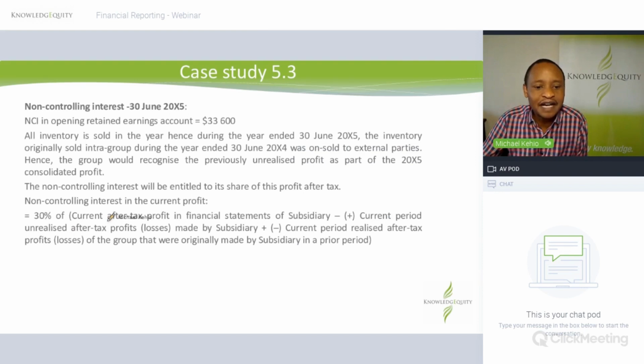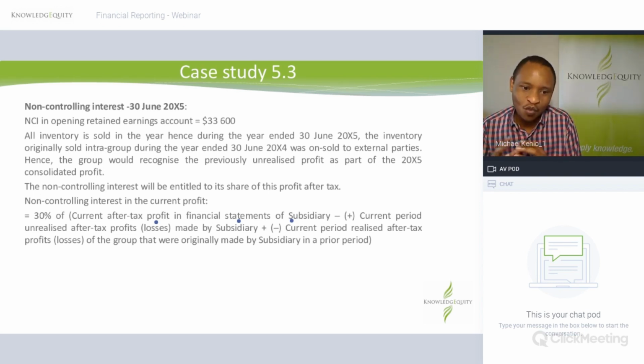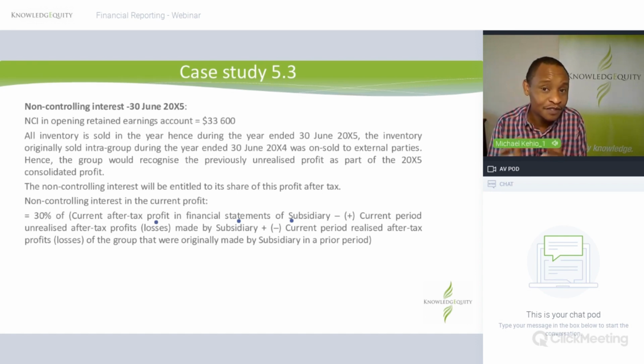Basically, you say, what is the current after-tax profit in the financial statements of the subsidiary? So you look at, in the year 30th June 20X5, we now ask ourselves, what is the non-controlling interest in the current profit? Similar to what we did in the previous year, we start off with the current after-tax profit in the financial statements of the subsidiary.